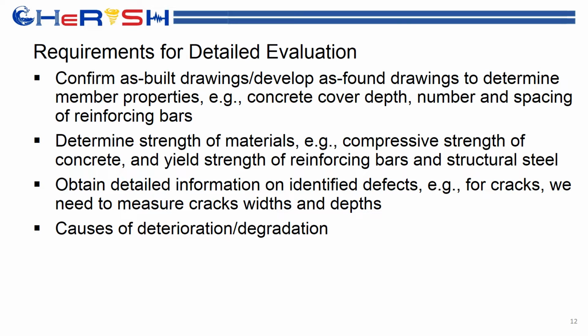And then we might also want to consider determining the causes of those damage, right? Not just focusing on the symptom, but actually determining the causes of those defects, deterioration, and degradation that were observed during the RVS screening. And these are the overall requirements if we want to do a detailed assessment on existing buildings.